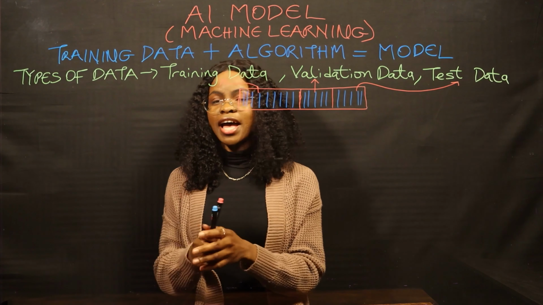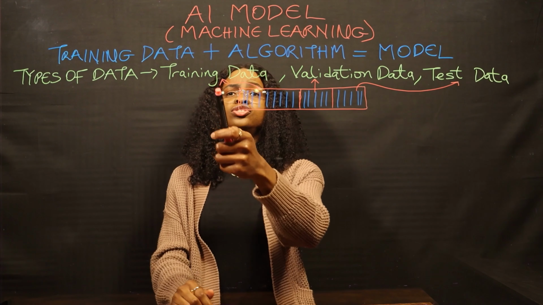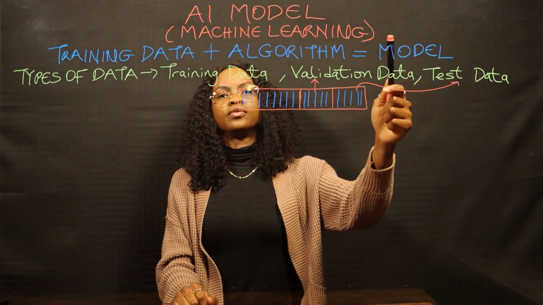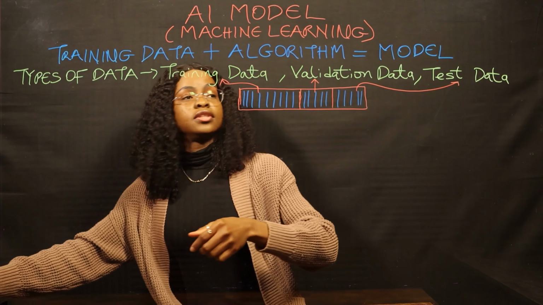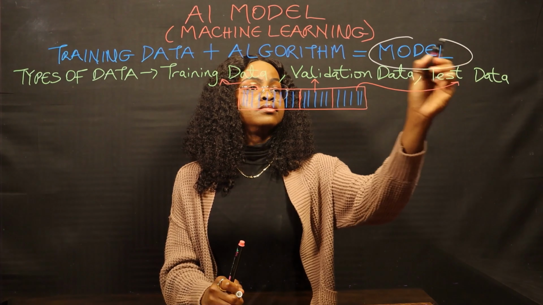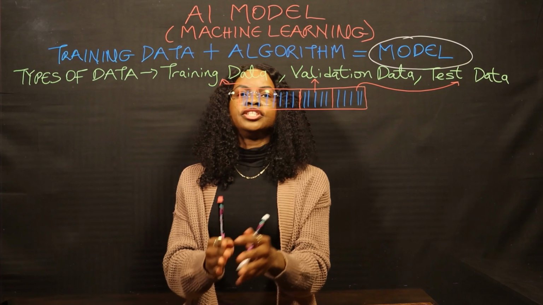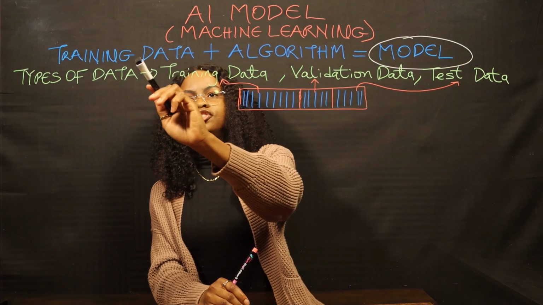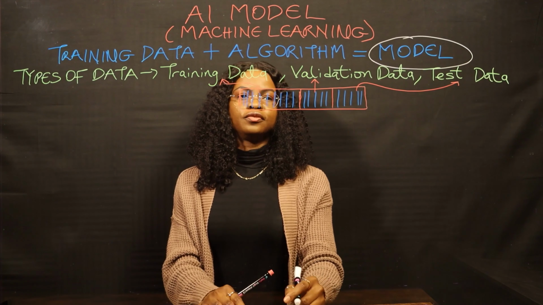A training data is a collection of the data that is used to train the algorithm to get a model, to get this model. Training data is a collection of data used during the training process to train the algorithm. Because remember, training data plus algorithm helps you develop a model.